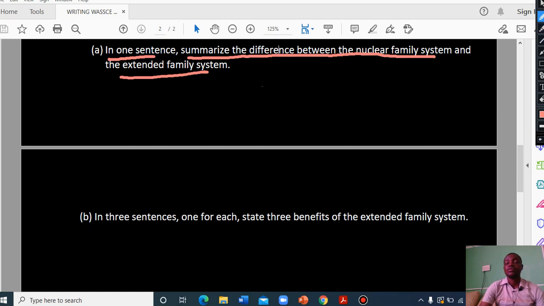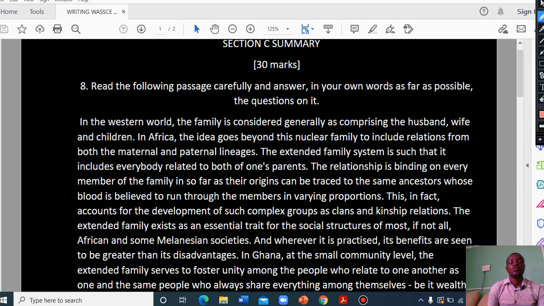The difference between the nuclear family... So we now move on to paragraph 1, then start reading. We start: in the Western world, the family is considered generally as comprising the husband, wife, and children.